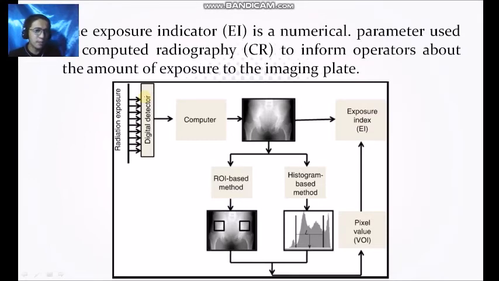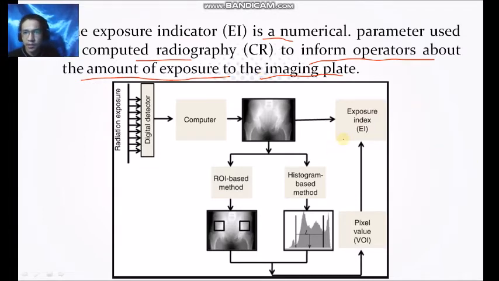You know, how much of the pixels has this color, and if this is the color, how much of the pixels in the whole matrix has also this type of color. So the exposure indicator is a numerical parameter used in computed radiography to inform operators about the amount of exposure to the imaging plate. Okay.